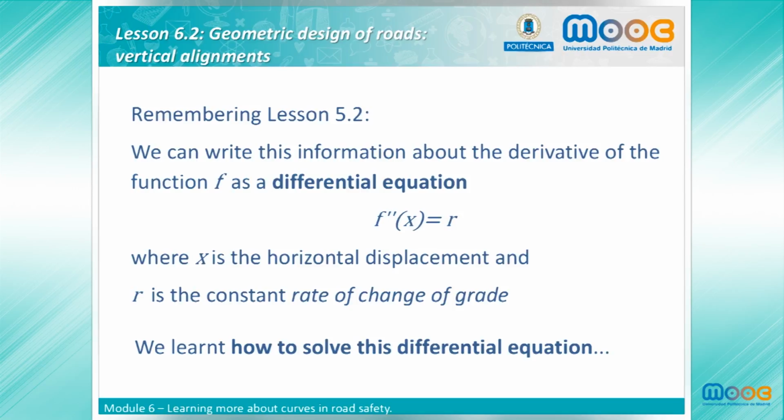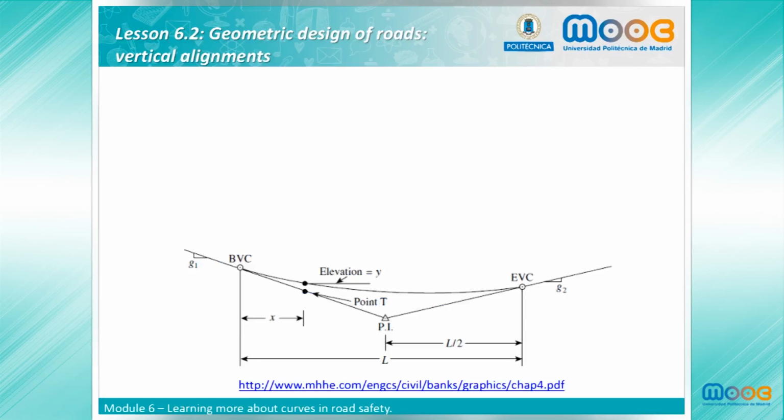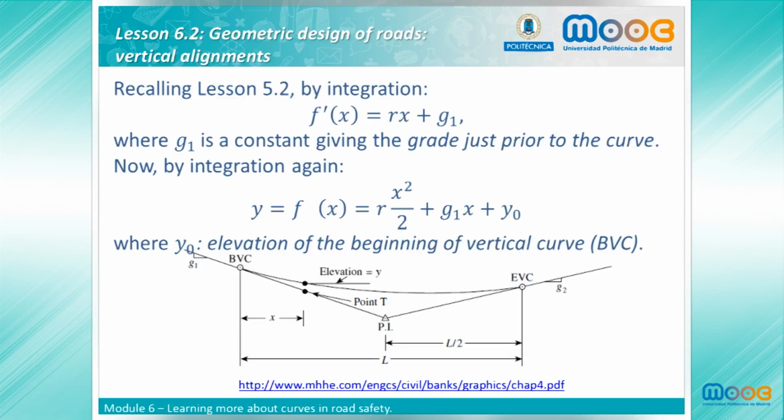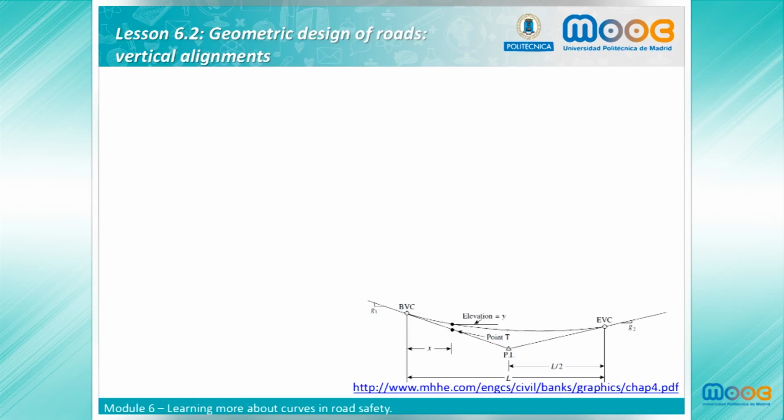Recalling Lesson 5.2, by integration, that is the opposite process to derivation, f prime of x must be equal to r times x plus a constant g1 that tells us the grade just prior to the curve. Now, by integration again, f of x must be equal to r times half x squared plus g1 times x plus a constant y0 that gives us the elevation of the beginning of the vertical curve at the point BVC.